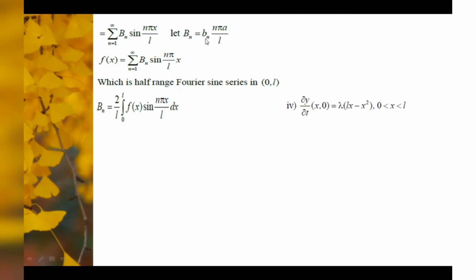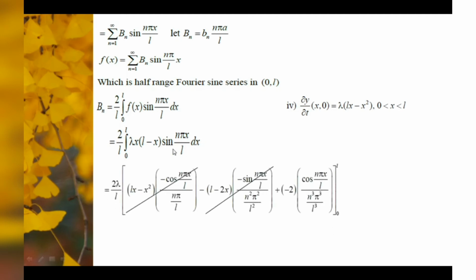Remember, the capital Bn is small bn into n pi a by l. After finding this, we need to find our small bn for substituting it in the most general solution. Now, as usual, we have to apply the Bernoulli's formula. We know that f of x is the non-zero initial velocity, so substitute it into sine n pi x by l into dx.